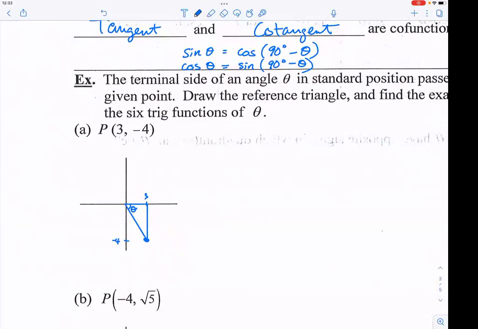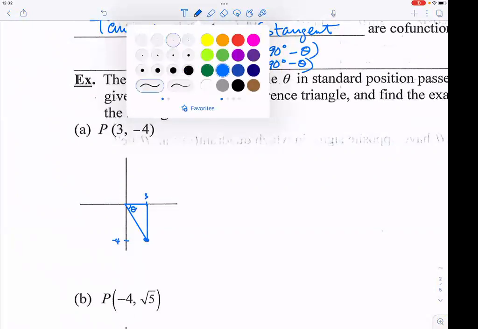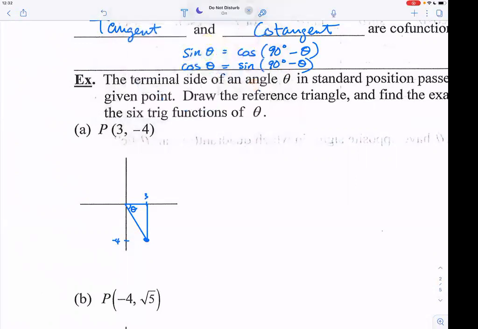And we will go ahead and write down our 6 trig functions. So we have sine theta, cosine theta, tangent theta.